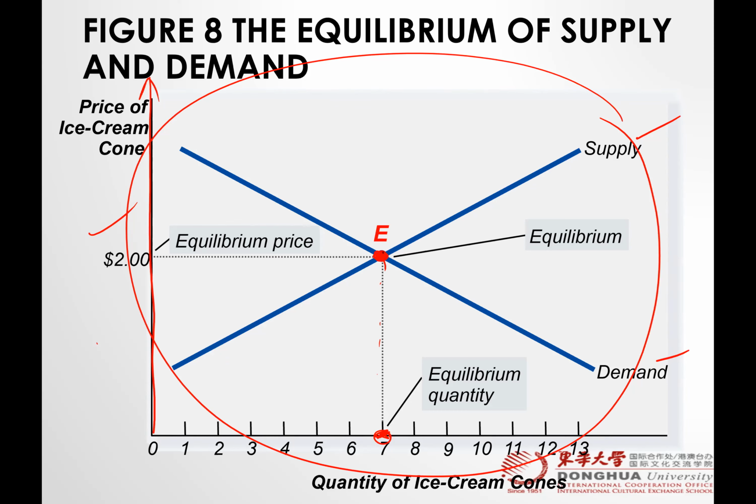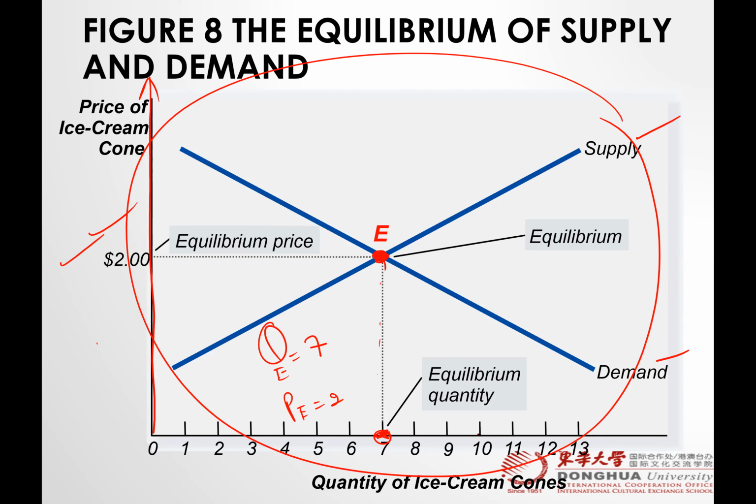They agree on a price called equilibrium price, where the seller agrees to sell the quantity and the buyer agrees to buy the quantity. So in a market, buyers and sellers agree that they are going to supply how much quantity? 7 quantities of ice cream at the price of 2.